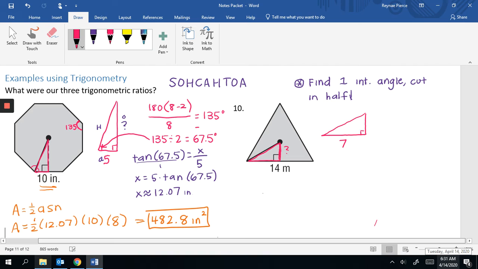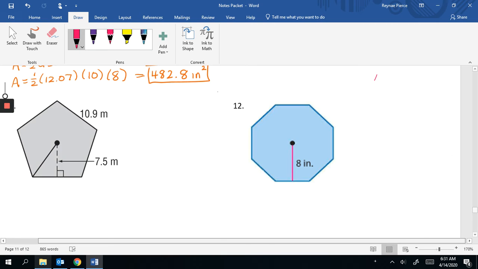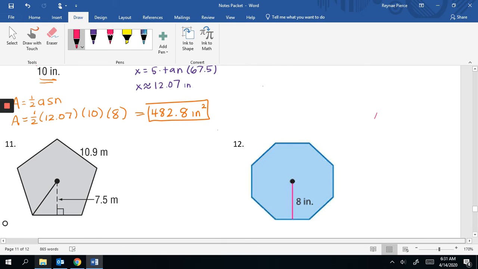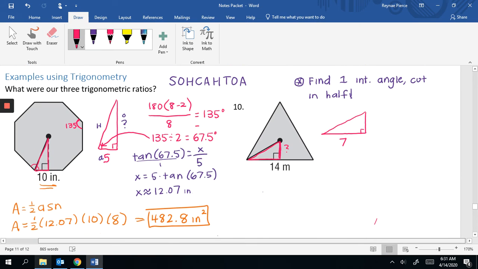180 times the number of sides minus 2, divided by the number of sides, tells me that one interior angle, which we know of an equilateral triangle, is 60 degrees.